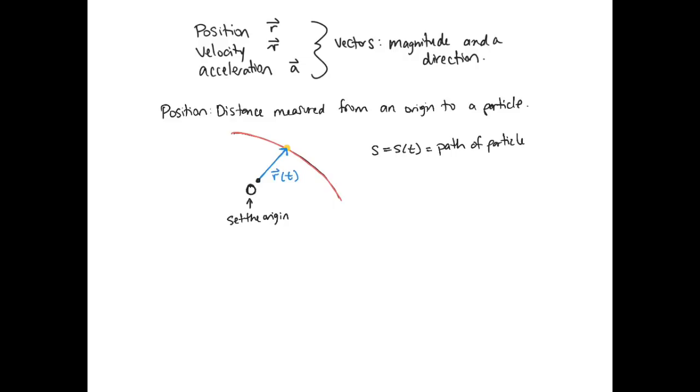The reason why this is so important is that if I set the origin way over here, my position vector is different because the reference point for that position vector changes. So the position vector is r, which would be a function of t.